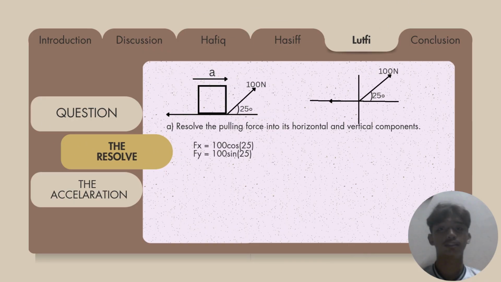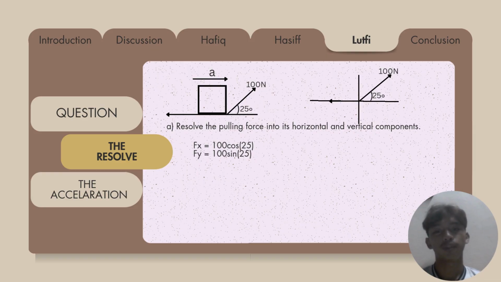So let's solve the first question, which asks us to resolve the pulling force into horizontal and vertical components. The question is actually a bit easy. We just need to resolve the pulling force, and we already learned how to resolve a force by using the information given, which is 25 degrees above the horizontal and the force applied is 100 Newton.